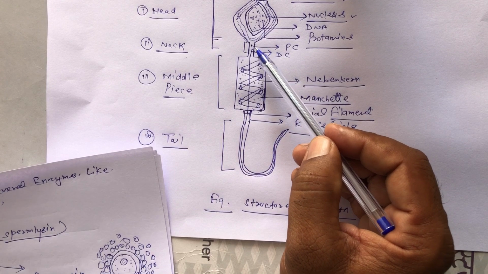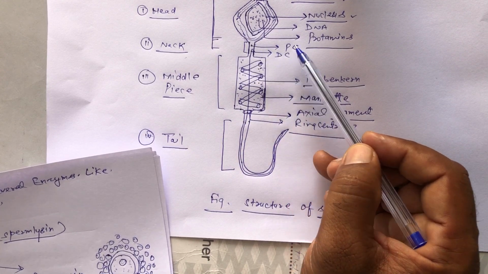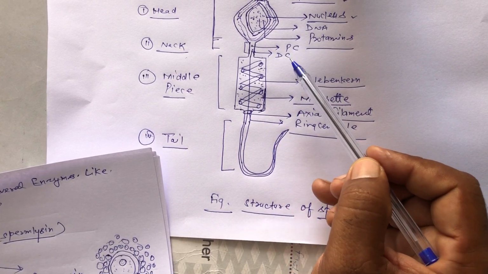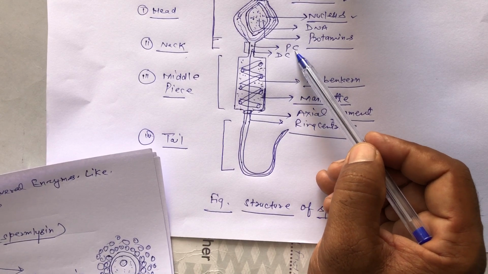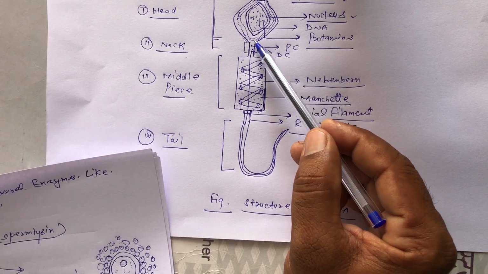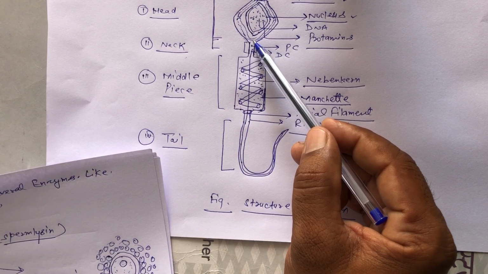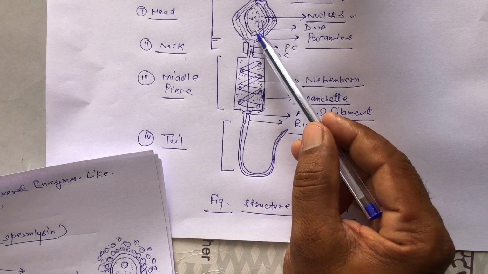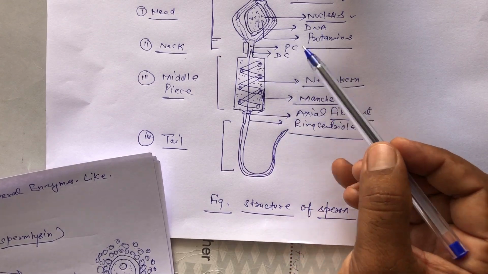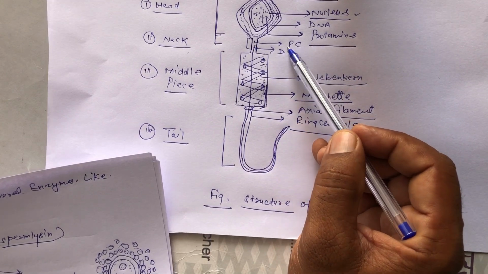The neck consists of two centrioles. First is the proximal centriole, second is the distal centriole. The proximal centriole is located near the posterior of the nucleus. The distal centriole is located far from the nucleus, or behind the proximal centriole.